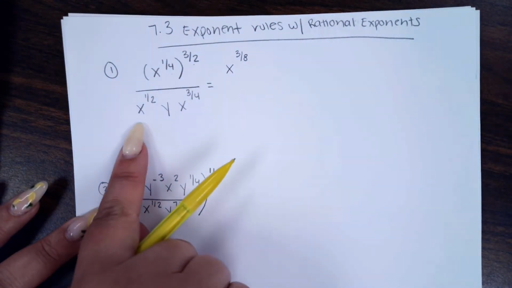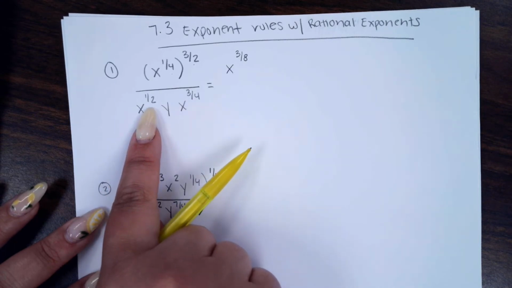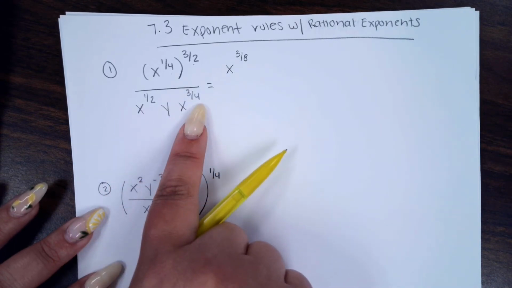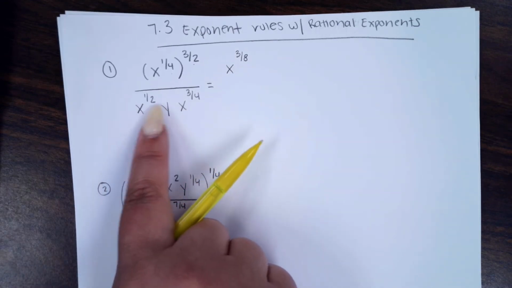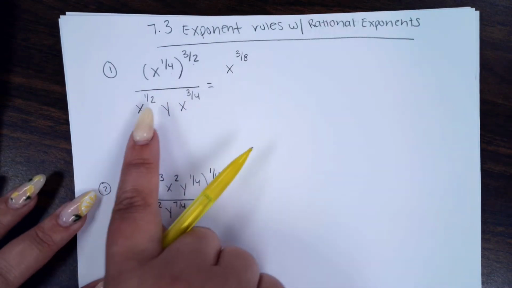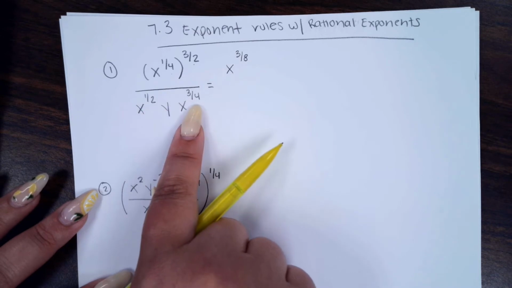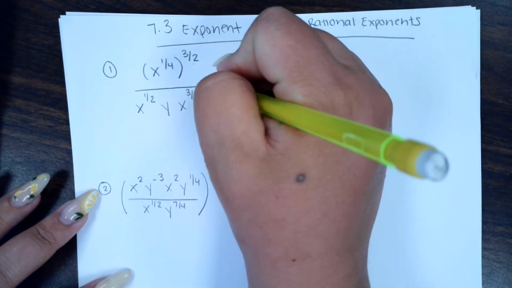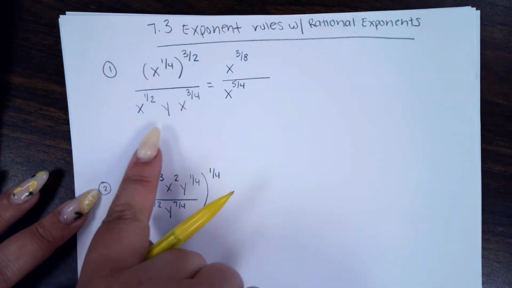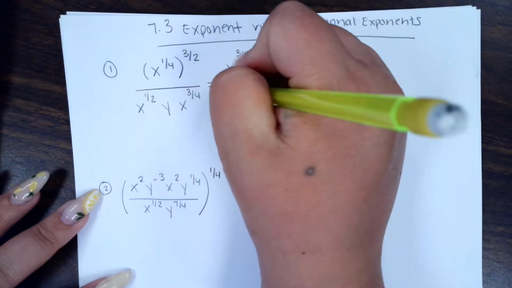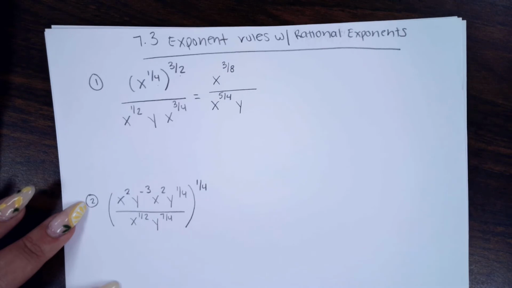On the bottom here, I see I have an x to the half and an x to the 3/4. When I multiply numbers with the same base that have exponents, we add them. So 1/2 plus 3/4 is going to give me x to the 5/4. And then there's nothing we can do with this y, so he's just going to stay where he's at.